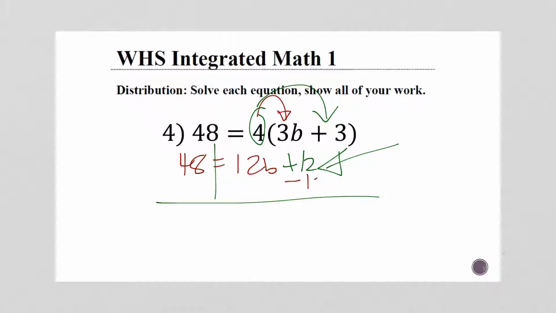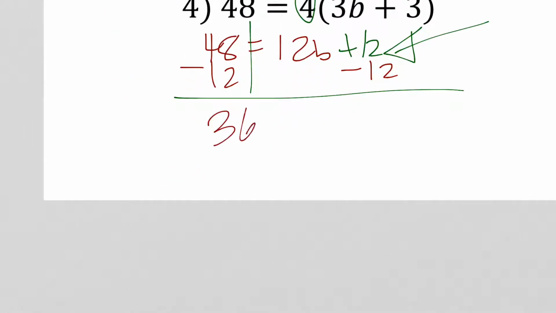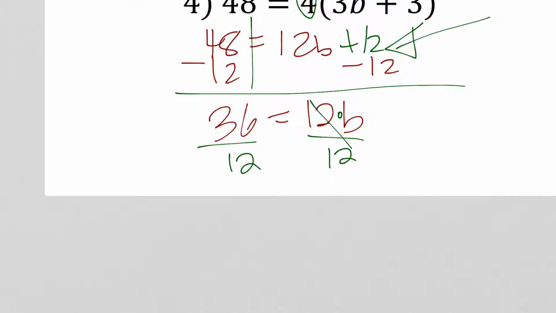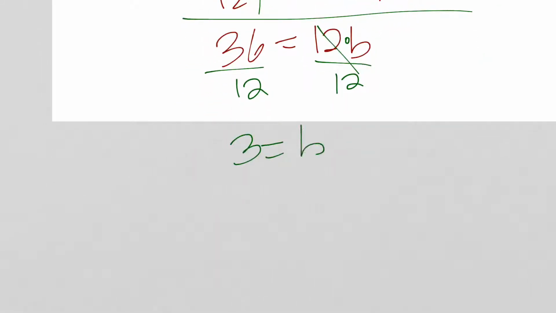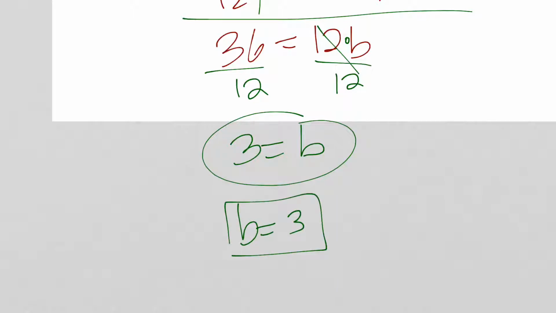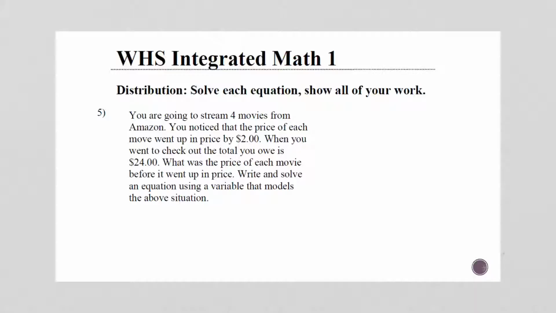So the opposite of 12 is to subtract by 12, which gives me 36 equal to 12b. Now, 12b means 12 times b, so the opposite of multiplying is to divide. So now I get 3 equals b, or b equals 3. But I meant to say 3 equals b is the same as b equals 3. Just write the variable first.